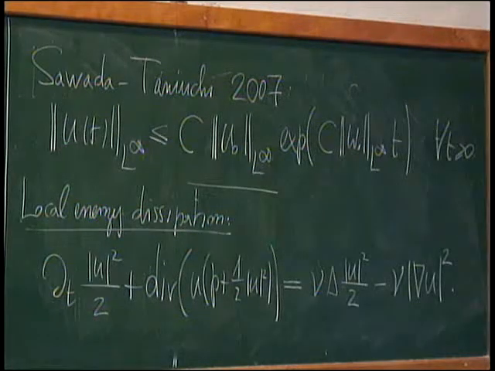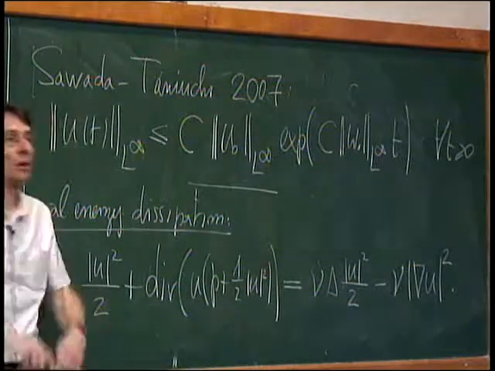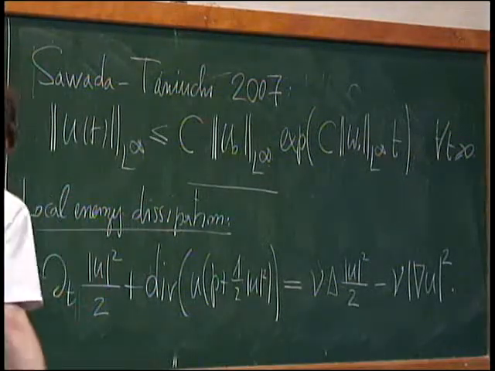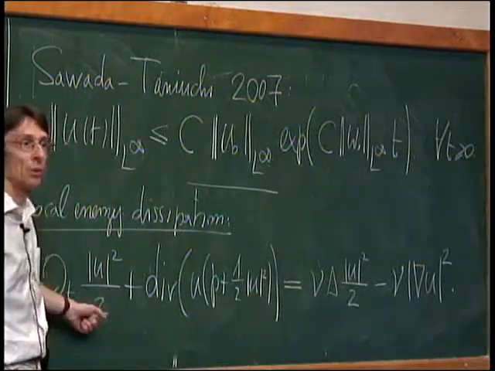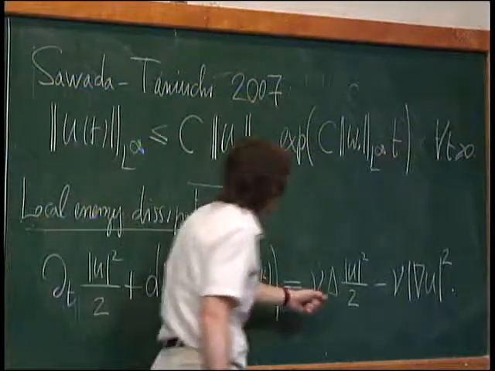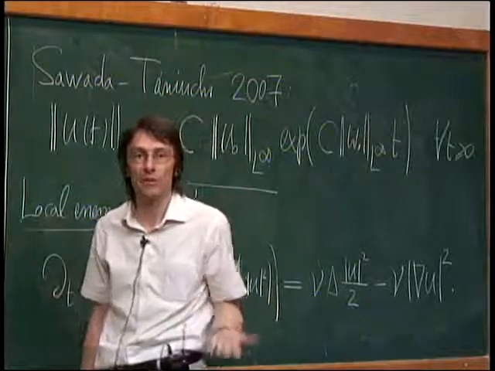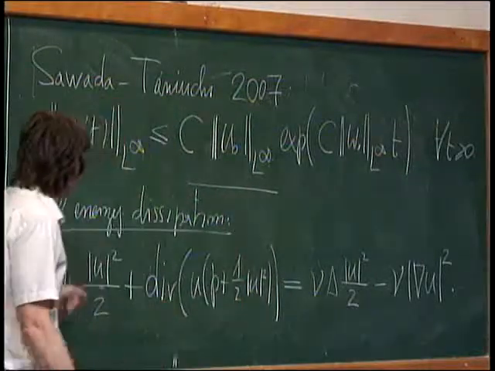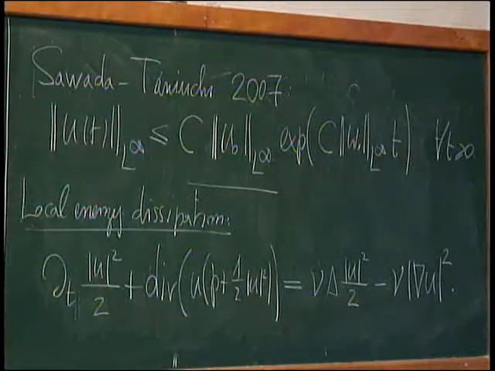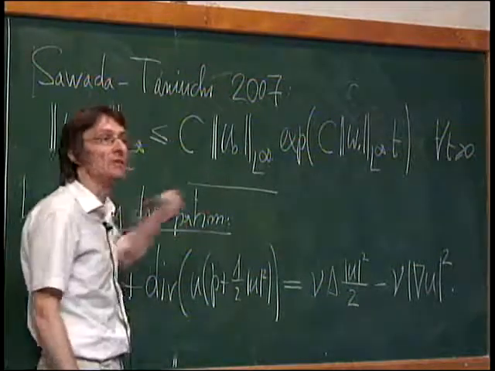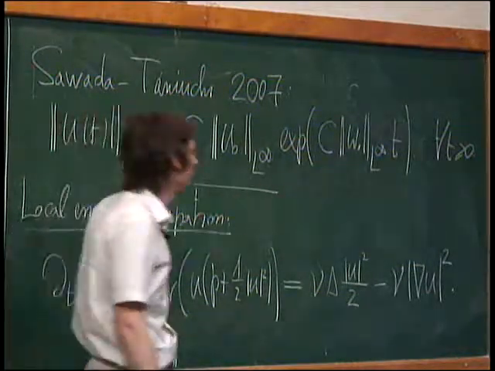So of course, when you are in a bounded domain with, I may say, no-slip boundary condition, what you do is integrate both sides over the whole domain. The flux term here, the inviscid flux, if you wish, and the viscous flux both disappear due to the boundary condition, and you are left with what is called the energy equality, or energy inequality, which tells you that the kinetic energy is non-increasing with time, and you have this nice Lyapunov function.